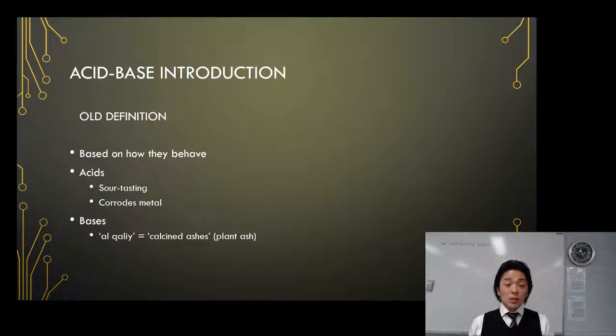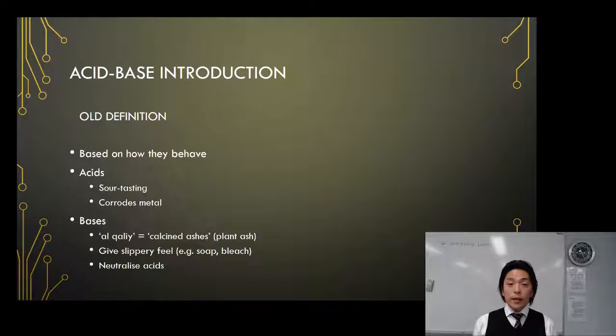I think it's a Greek or Latin word, which means calcined ashes, so plant ash, which gives a slippery feel in solution form and also neutralizes acids. So when you pour something sour, like lemon juice or vinegar, onto the ashes of plants, they somehow neutralize.